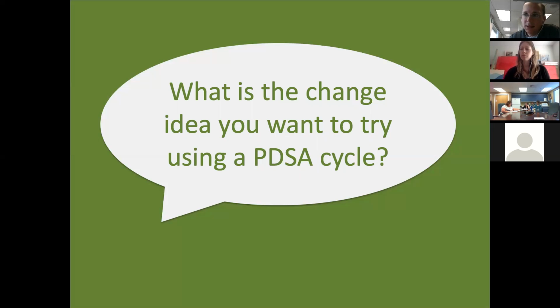Can I ask? I know a number of people listed change ideas in their original quality improvement charter. Have you had a chance to test any of those out since you developed that charter?